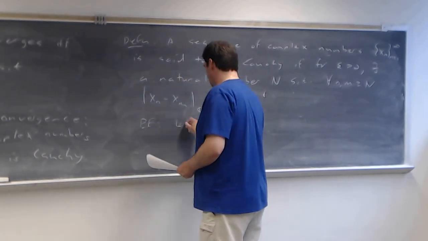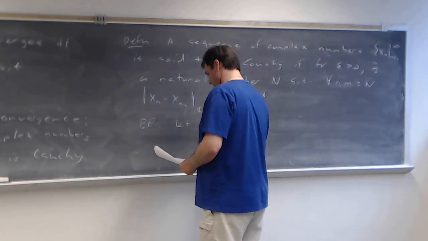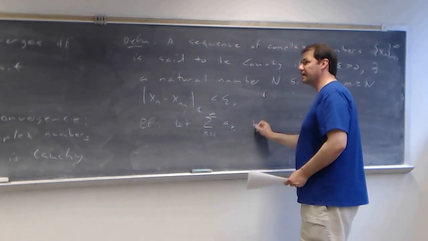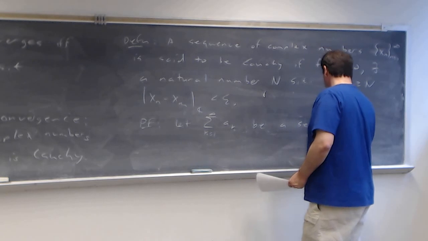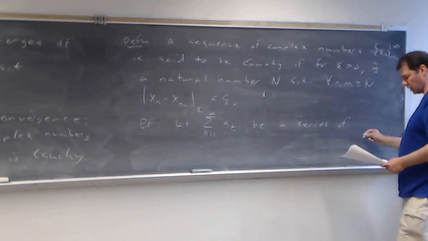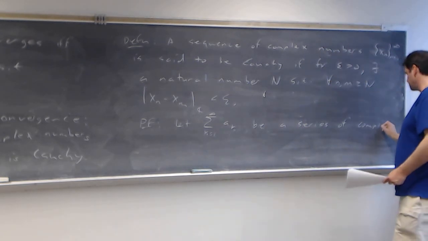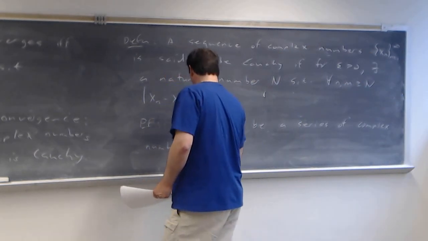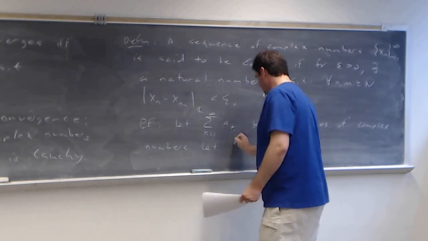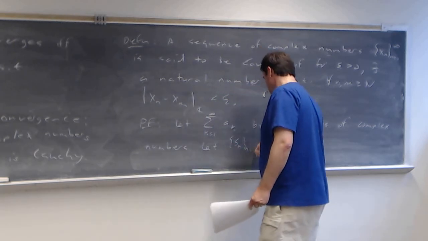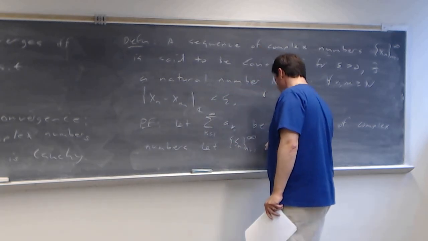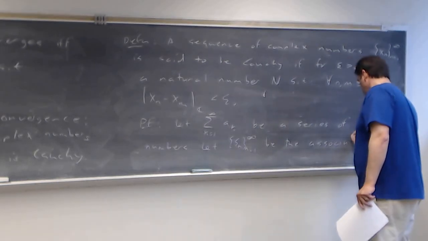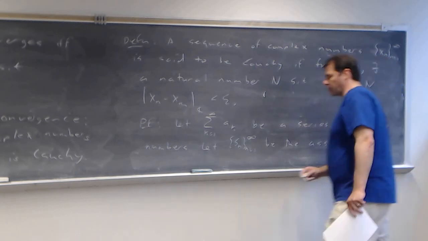It says, let the sum as k runs from 1 to infinity of a sub k be a series of complex numbers, and let S of n, as n runs from 1 to infinity, be the associated sequence of partial sums.